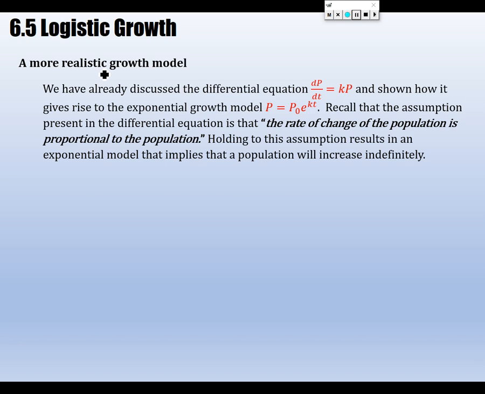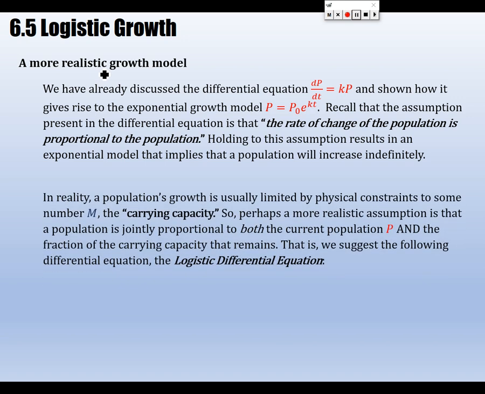So that's a summary from yesterday. But that implies, like it says here, that a population will increase indefinitely, which in almost every physical circumstance is unreasonable. So today we're going to introduce one other thing we'd like our population to be proportional to. We'd like it still to be proportional to P, the population. We'd also like it to be proportional to the fraction of the carrying capacity that remains.